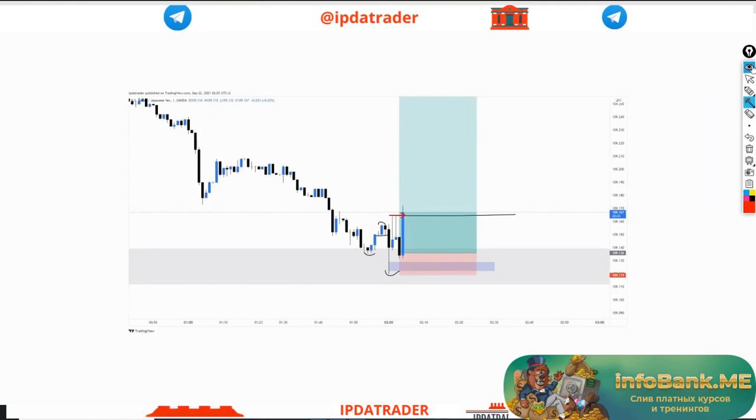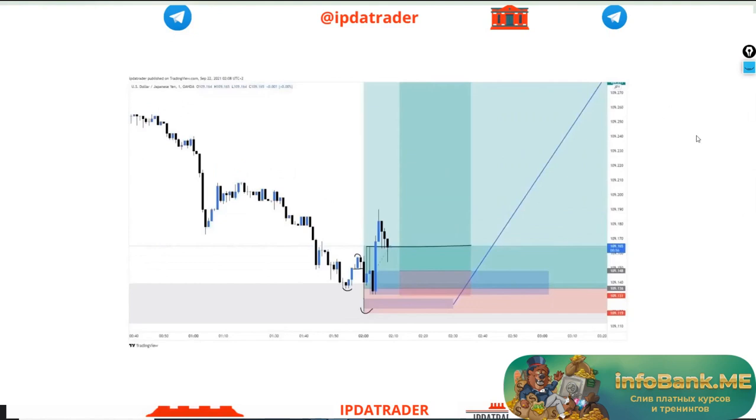So this was actually a great point to take another entry, right? As you can see, once we started to break up and actually move up, I decided that, hey, this order block that was left behind is actually a great opportunity to get a re-entry now that we have more confirmation, because I can agree that this first entry was pretty aggressive.